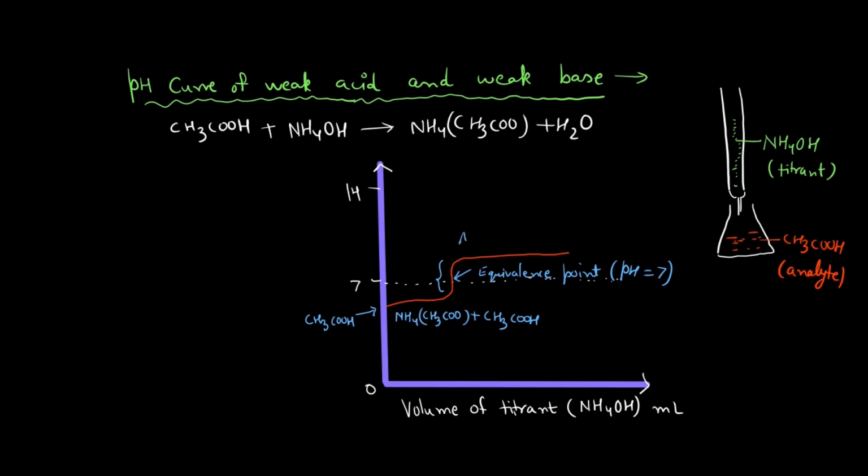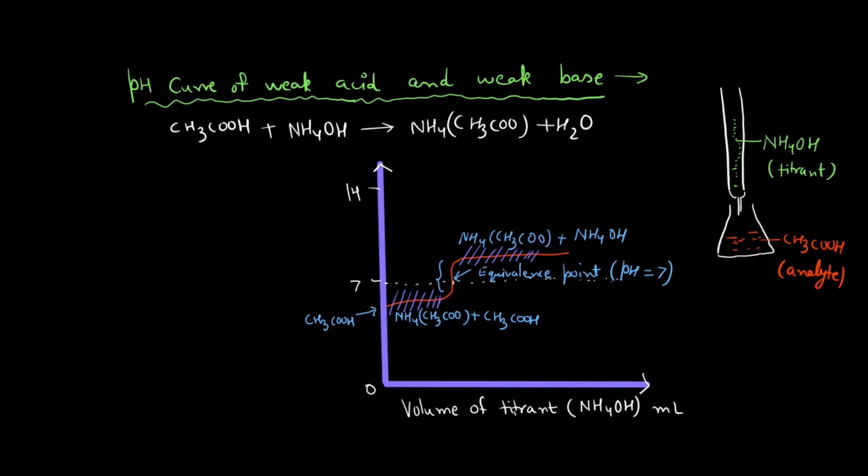So here we have ammonium acetate and ammonium hydroxide. So in this graph we have two buffer zones, one this buffer zone and another this buffer zone. So we have two buffer zones here.